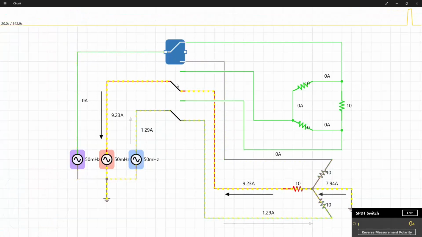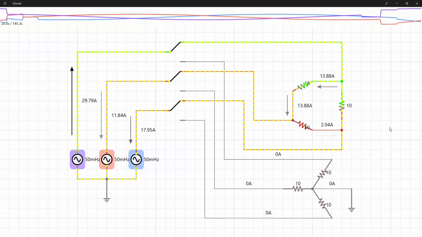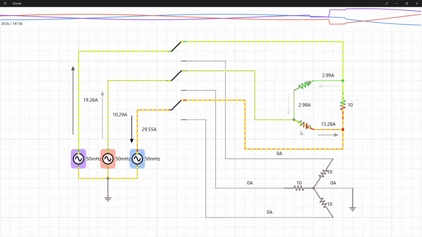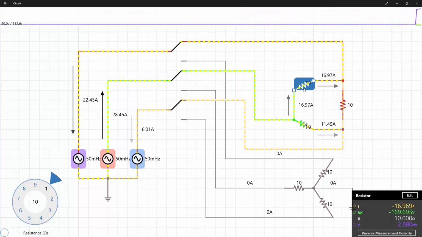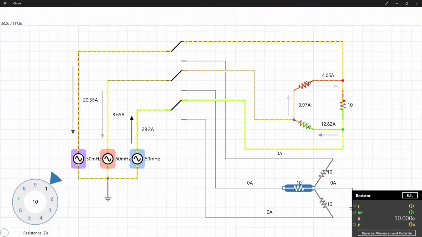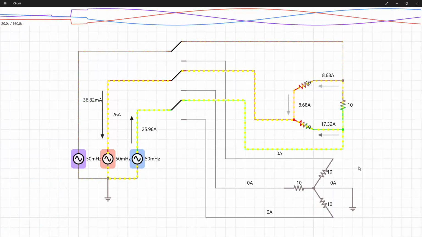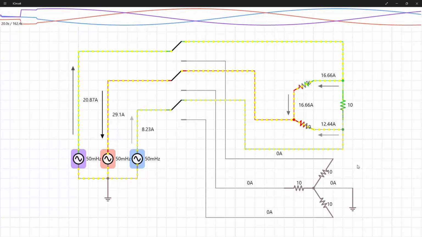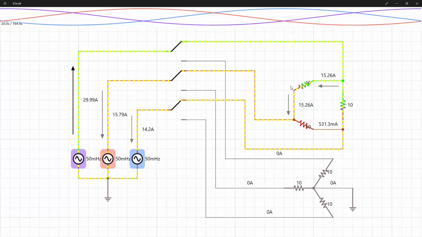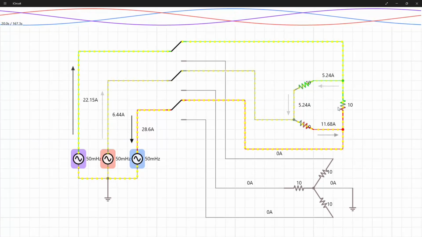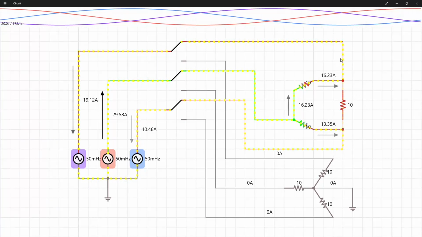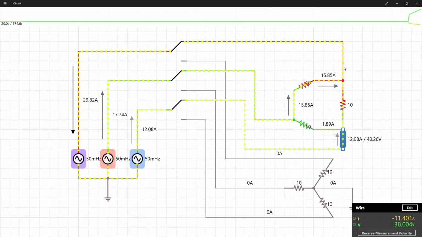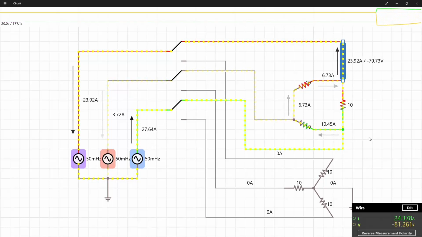Okay, so what I want to talk about first is this delta. In this example, all of our resistances are the same. What I mean by that is that the resistance of these coils on the delta are the same resistance of the coils on the Y. And what you end up having is higher currents on the delta, 3 times the amount, and it's actually a fairly simple reason: the voltage applied to these coils on a delta is a phase-to-phase voltage.